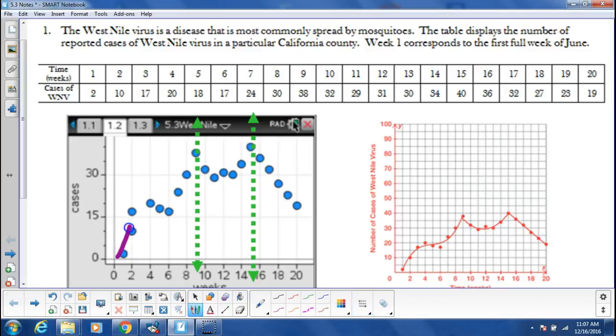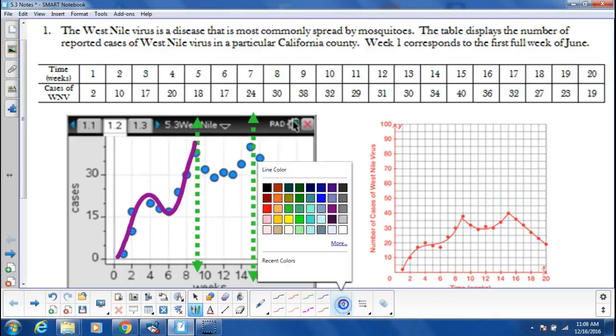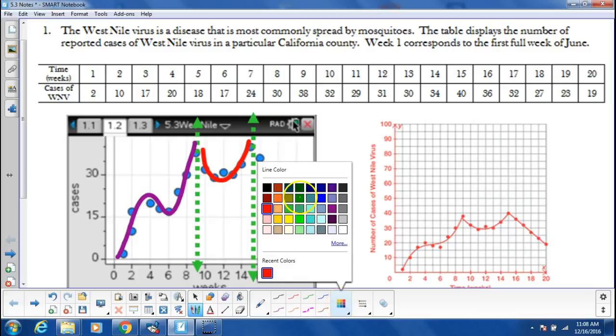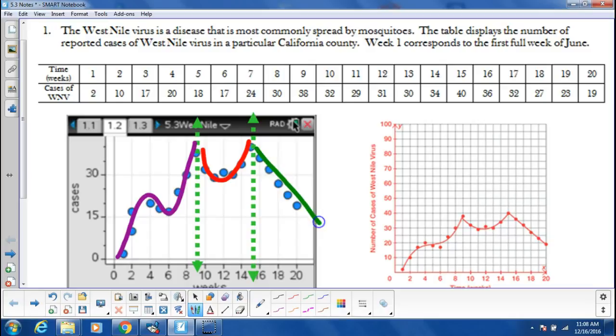Cubic, right? What would fit in this next zone? Probably a quadratic, or maybe even a quartic, to get a little bit of a W in there. And what would fit in this last zone? Linear.